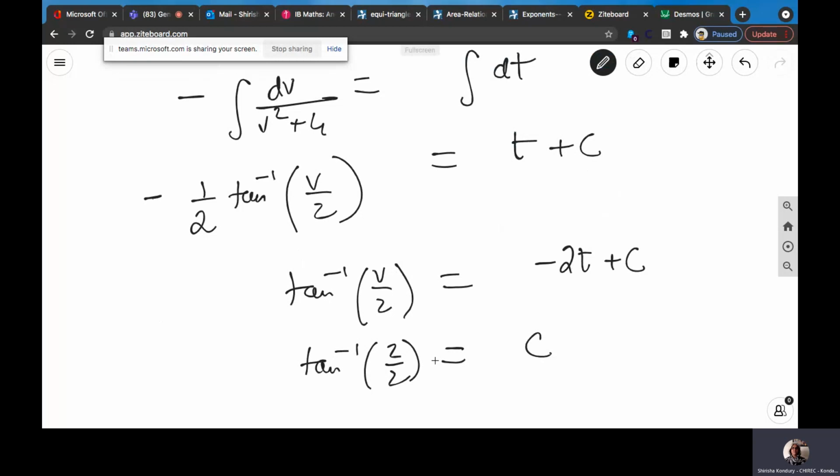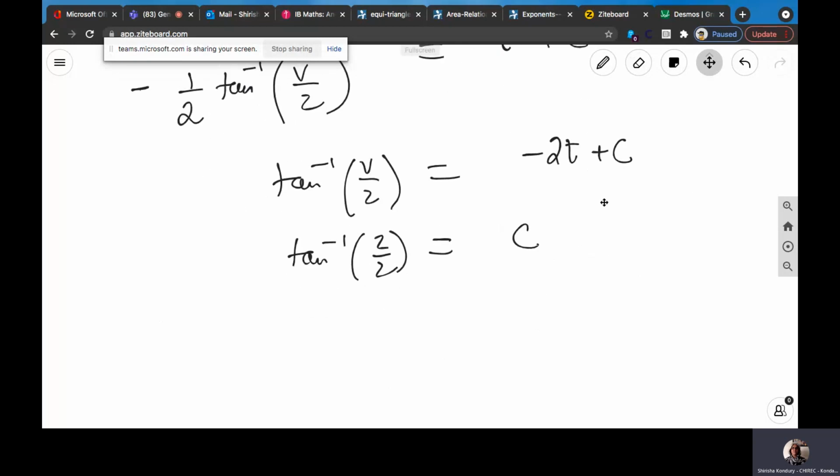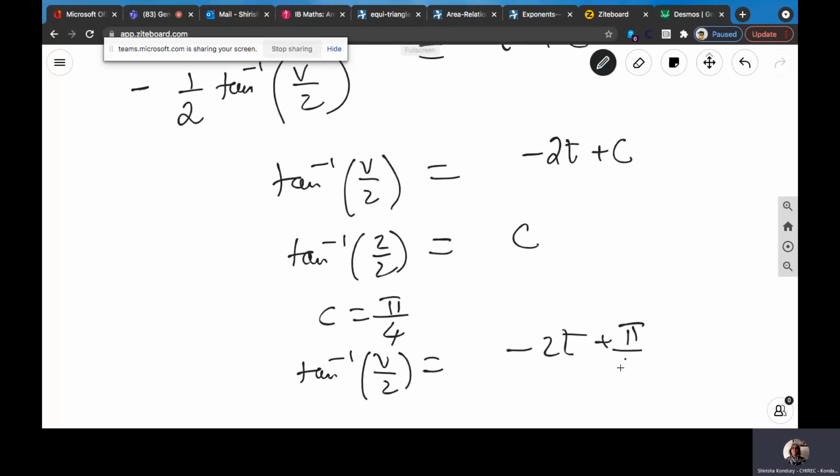Well, that is the first value, and we know that when we are looking at inverse trig functions, we restrict the domain. So tan inverse always gives values between minus pi by 2 and plus pi by 2. So the answer is pi by 4. There is no other answer to this. We know that tan can be 1 at many places, but when we are doing tan inverse, we make it a 1-to-1 function. So C is pi by 4, and we can write it again, tan inverse of v by 2 is minus 2t plus pi by 4.